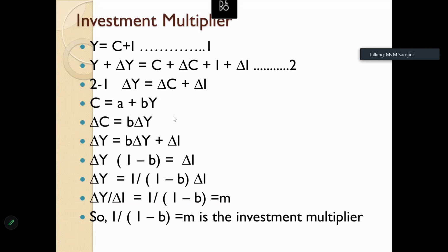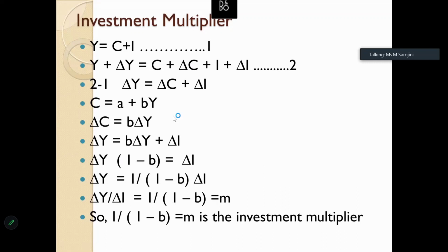Therefore we assume delta C is equal to b into delta Y. Now we substitute b delta Y for delta C in the equation delta Y is equal to delta C plus delta I. We get delta Y is equal to b delta Y plus delta I. Now we can take the b delta Y to the other side of the equation.